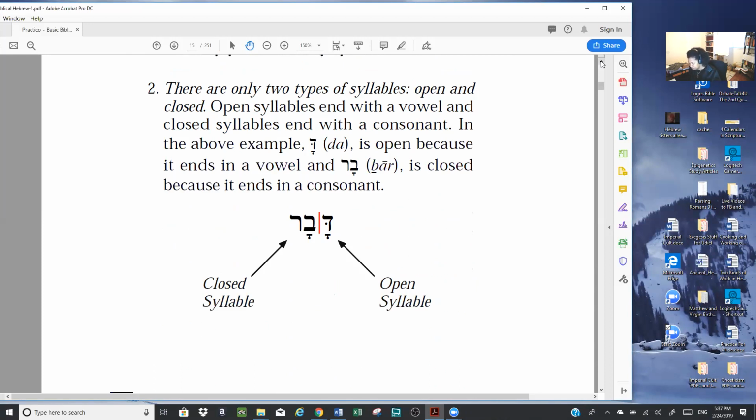And the above example was da-var, word, matter, or thing. And so the first syllable, da, the dalet and the kamets, is open because it ends in a vowel. The second syllable, var, bet, kamets, and resh, is closed because it ends in a consonant. So this is what you call your open syllable. Let's annotate here.